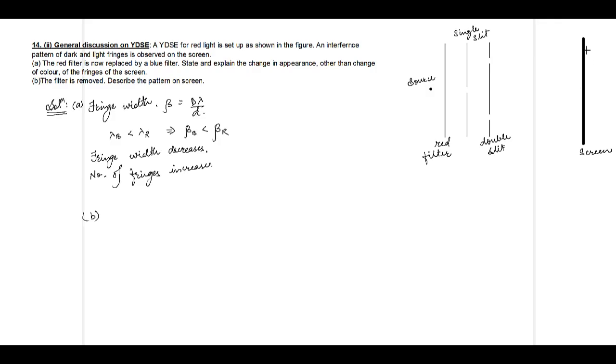So we can see different colored fringes above and below the central maxima, but the central maxima will be white in color, and other parts are a mixture of different colors.